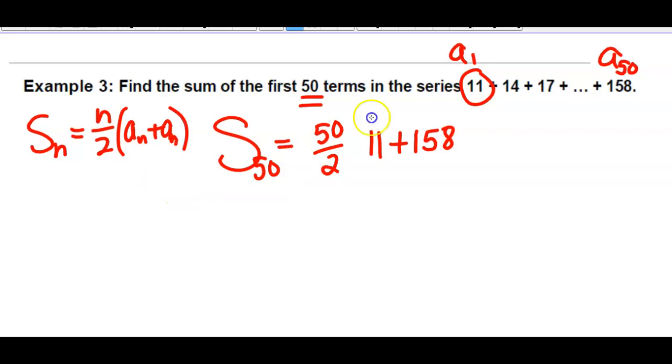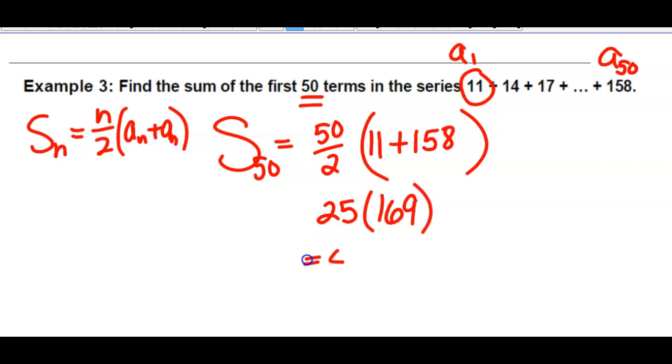Okay. So 50 divided by 2 is 25. 11 plus 158 is 169 times 25 is 4,225.